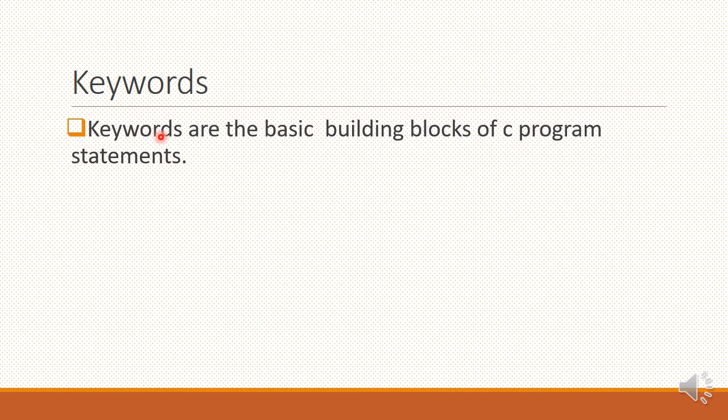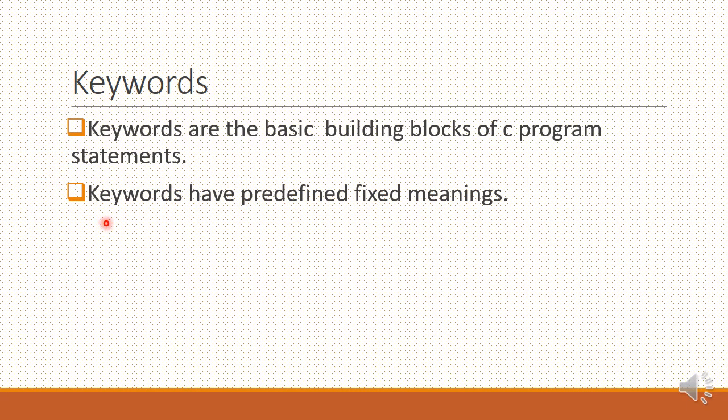This is what I told till now, and here you can see the proper definition. Keywords are the basic building blocks of the C program statements. And next, keywords have predefined fixed meanings. What I told, the same thing I have mentioned here. Without the keywords, you cannot write a C program.